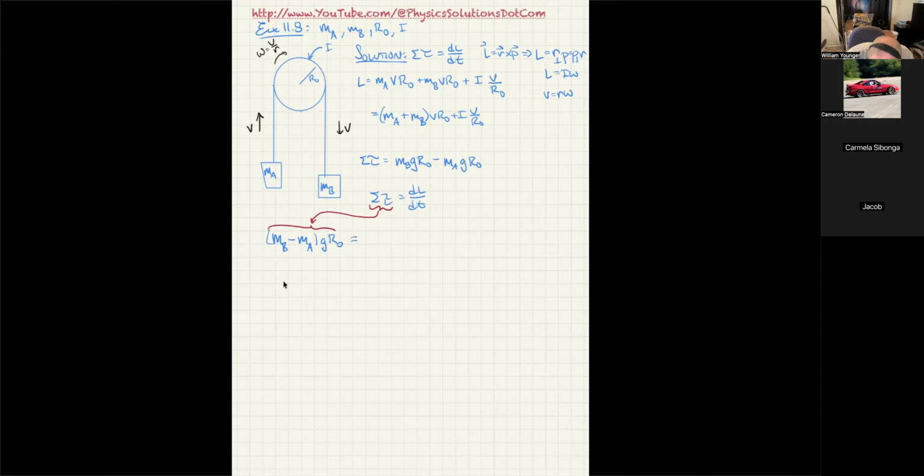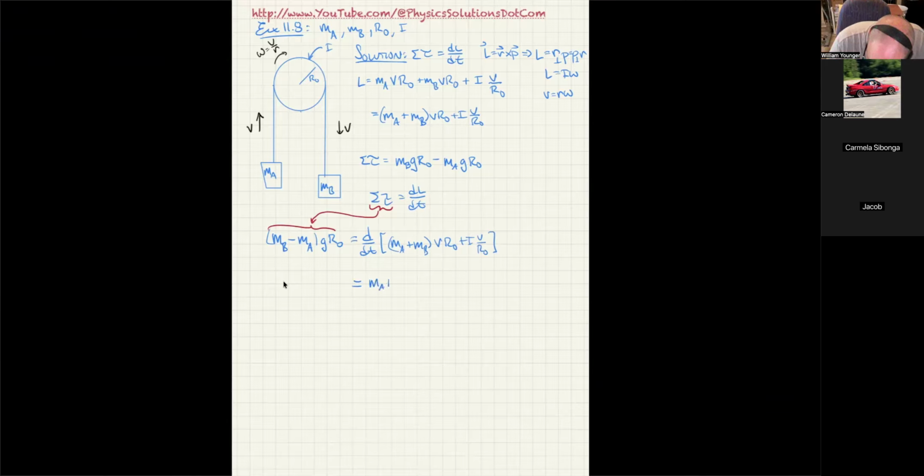So in this case, I'm going to say d by dt of, and now I'm going to use my (mA plus mB) times v times r0 plus I times v over r0. And we're going to take, of course, the derivative of all that. We're going to get the mA and the mB not changing, nor will the r0 change.